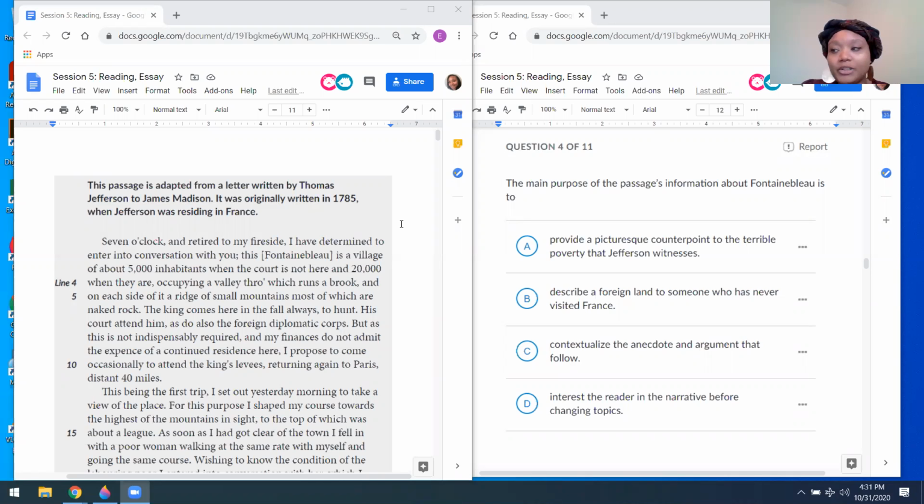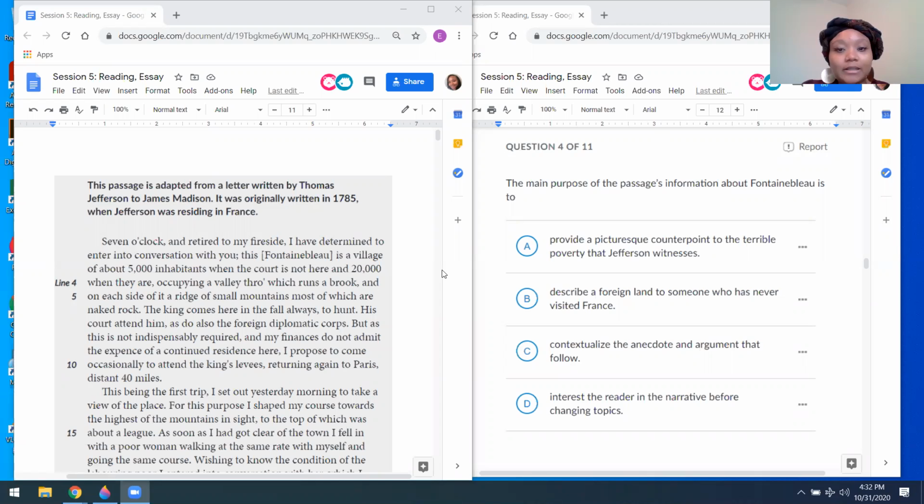So we go to answer choice C, which is the correct one, that he provides information about Fontainebleau to contextualize the anecdote and argument that follow. The wording there is a little tricky too, because you might not be used to hearing the word anecdote. Anecdote is like a little personal story or something like that.